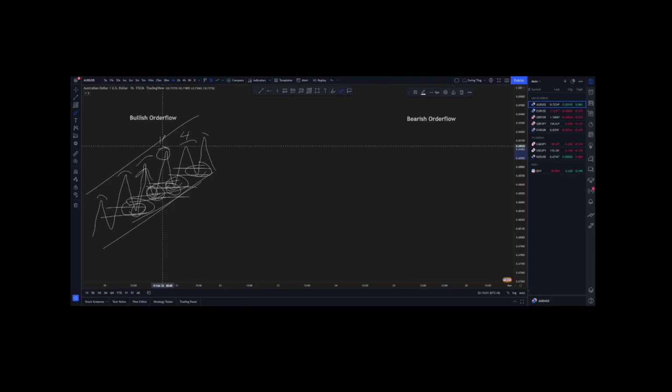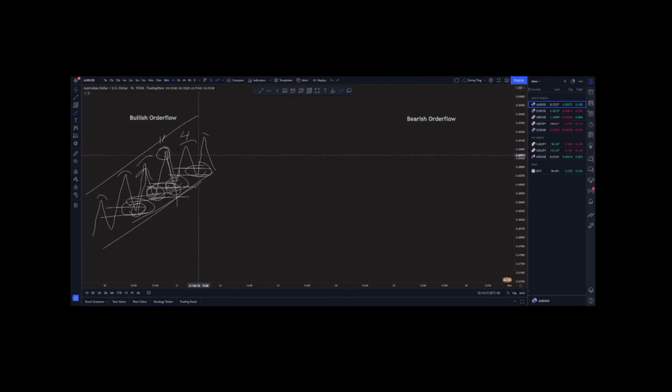If you see a choch or some sort of change in bias, or you see price pushing down very aggressively, approaching really fast, you don't want that. You want to see price gradually moving down with a few candles. You don't want one large candle approaching that zone really aggressively, because chances are you might get taken out if you put a trade there.